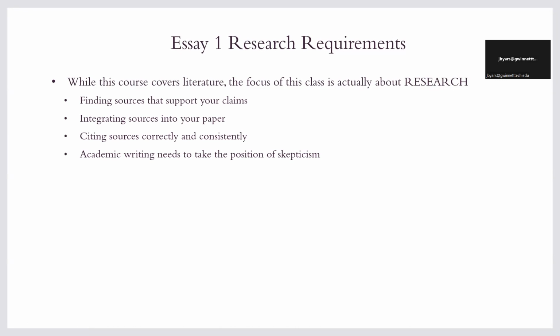And so you need to be analytical in your writing. This class is not about the literature. This is just using literature as a medium to practice researching, finding authoritative, good sources, and strengthening your argument with the use of sources.